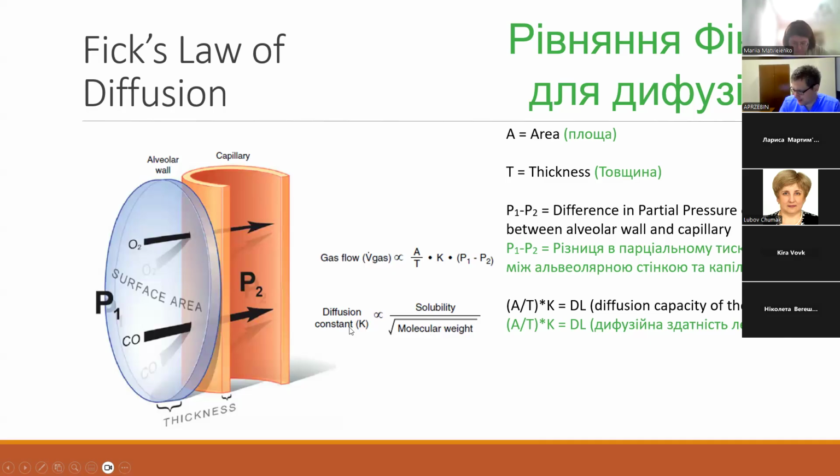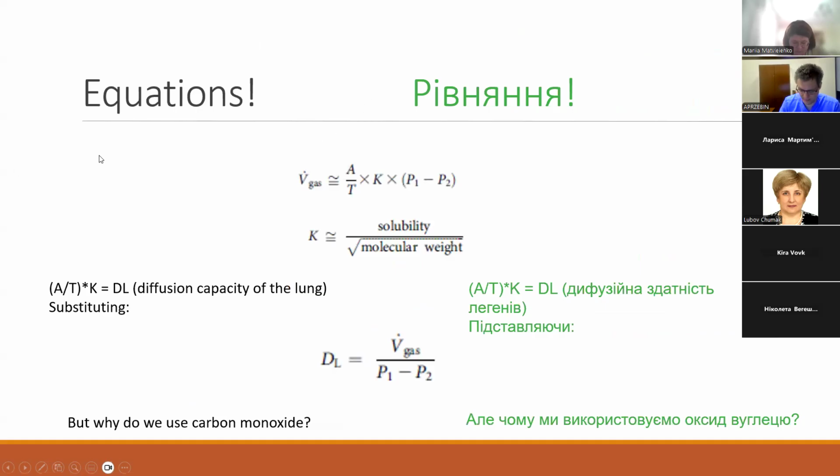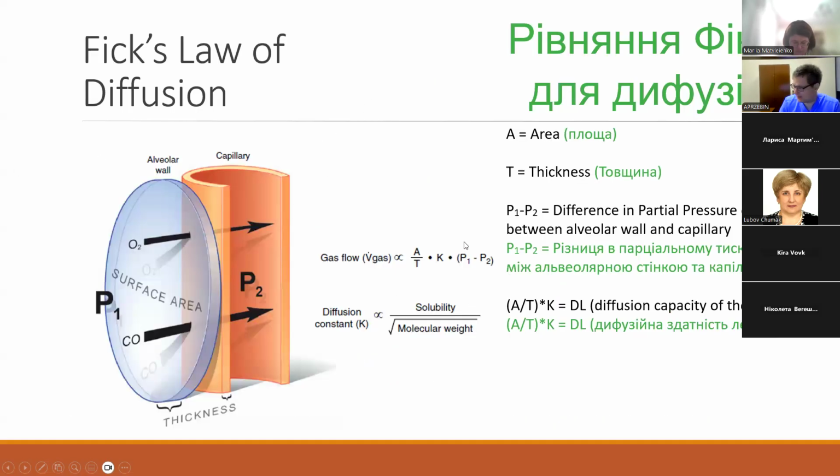So this part here is Fick's law of diffusion. And what has been done to simplify things is, we recognize that in the lungs, we don't really know the surface area of the lung and the thickness of the lung.